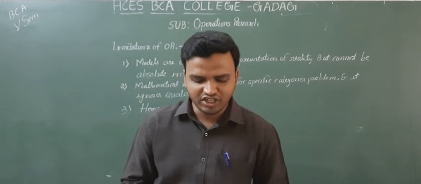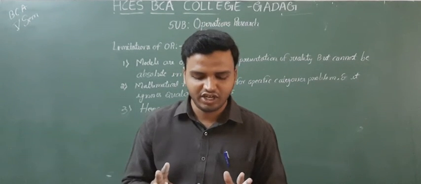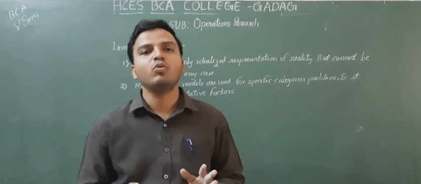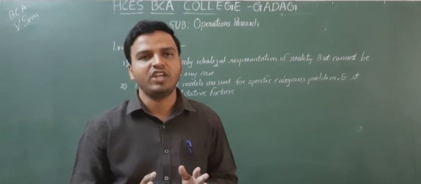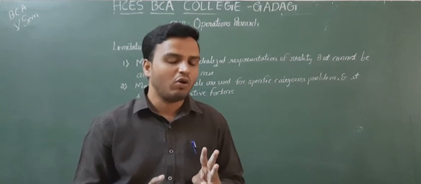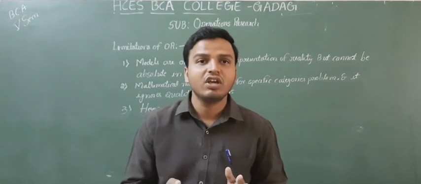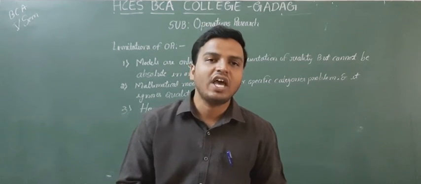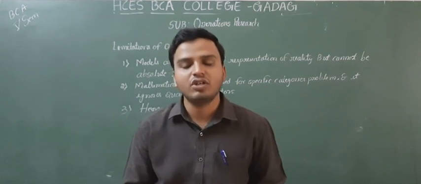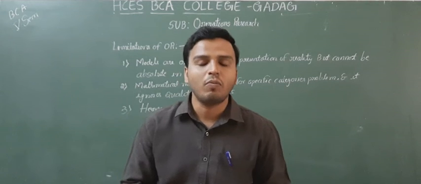The third one is it facilitates improved quality decisions. This is the third use of operation research. And the fourth one, it indicates the use as well as limitation of that problem.